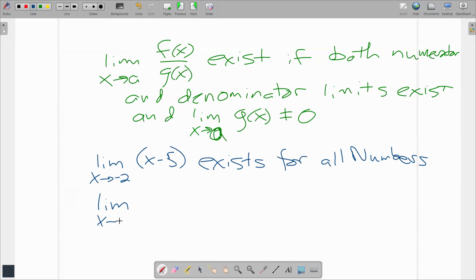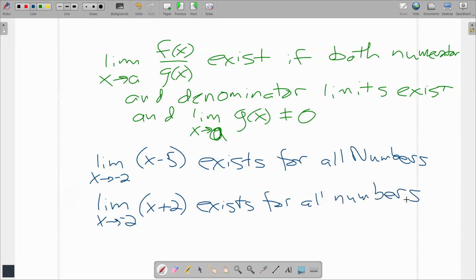The limit as x goes to -2 of x plus 2 exists for all numbers. Oh, sorry, I got ahead of myself.